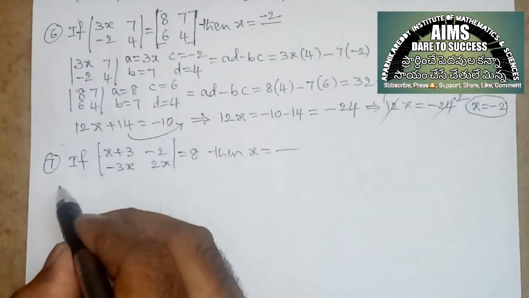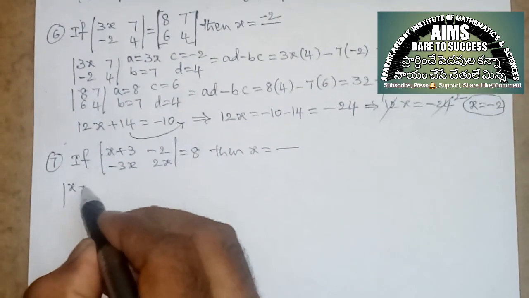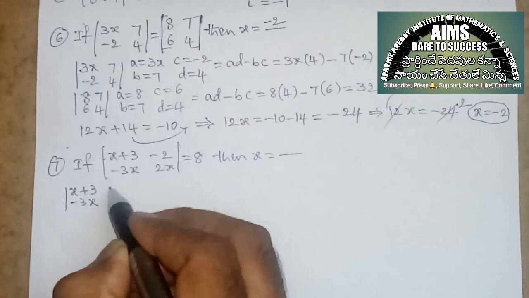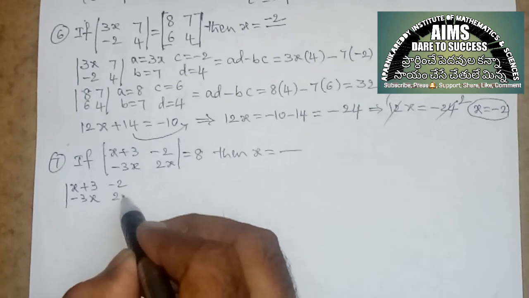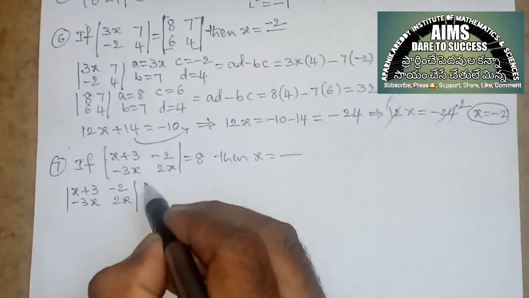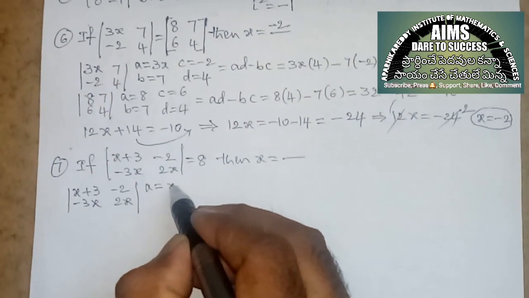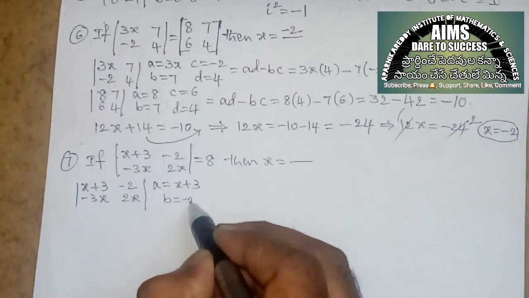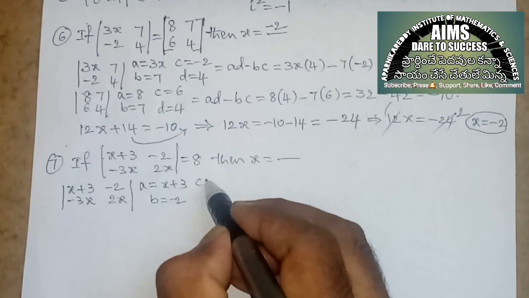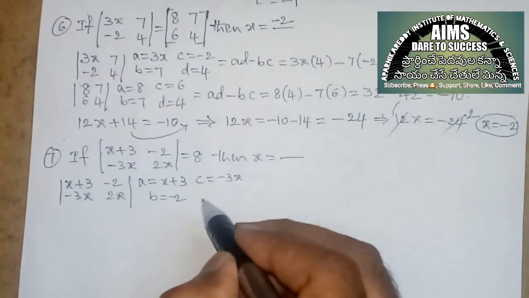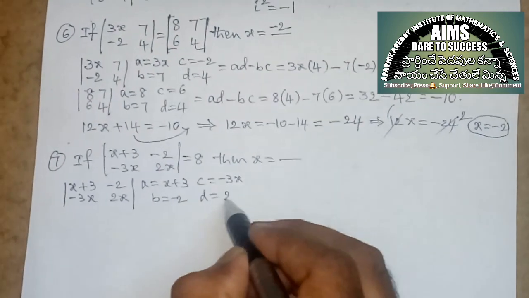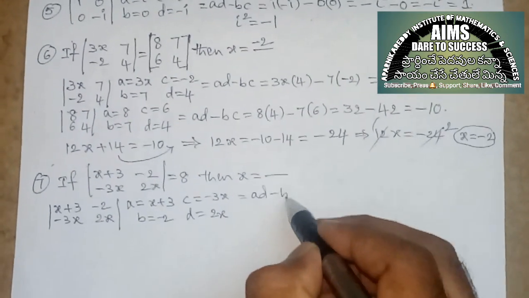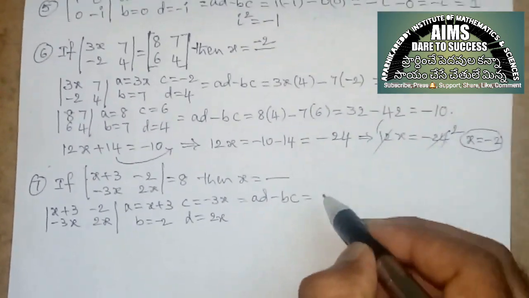So I want to write the same values, x plus 3, minus 3x, minus 2, 2x, comparing with ABCD values. So A is equal to x plus 3, B is equal to minus 2, C is equal to minus 3x, D is equal to 2x. So our shortcut formula is AD minus BC.